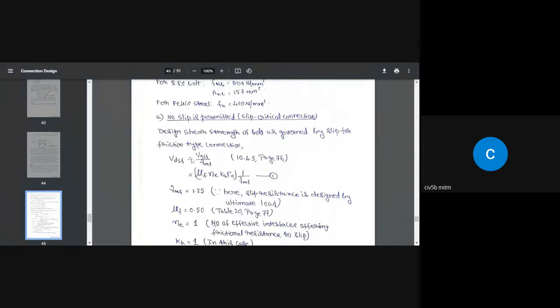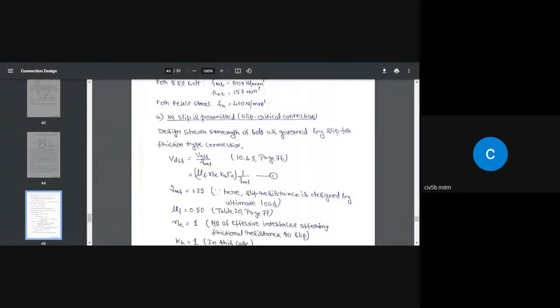So we have to find out how much friction each bolt can develop. That is V_dsf, the design strength of the bolt in shear due to friction. Friction always acts parallel to the direction of the force, so we can call that shear force as well.